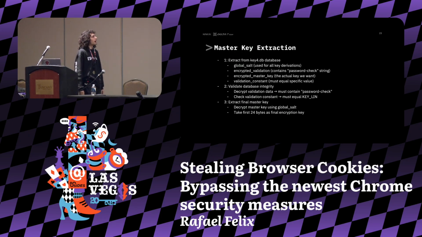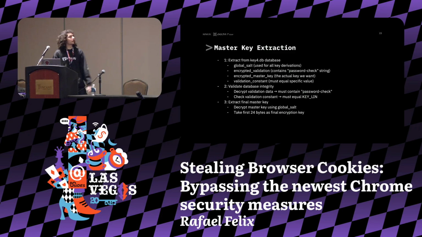So yeah, let's get to the master key extraction. We open the key4.db database. The global salt is present there, and it's used for all derivations. The encrypted validation contains the password check string, so you have to check that to see if it's valid. The encrypted master key is present in the database too, along with a validation constant that must be equal to a specific value, to validate the database integrity.